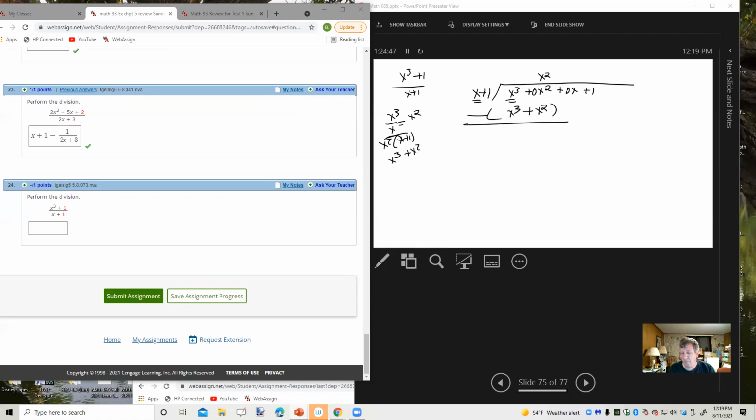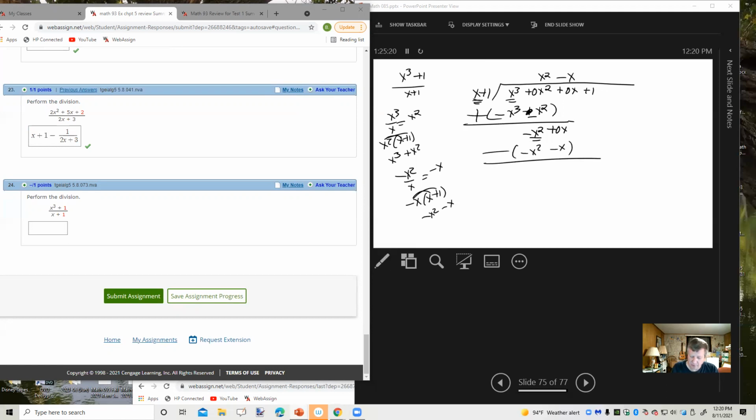Subtract that from what's up above, change it to addition of the opposite. x cubed plus negative x cubed is 0x cubed. 0x squared plus negative x squared is negative x squared. Bring down the next term, which is 0x. Leading term inside divided by leading term outside, which is negative x, so minus x. Negative x times x plus 1, negative x squared minus x.